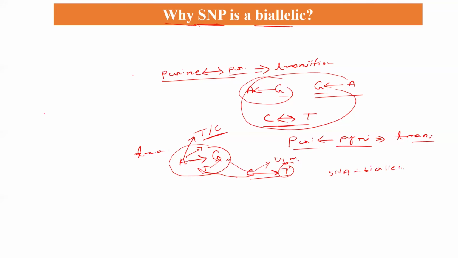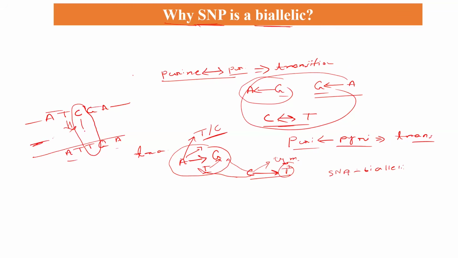Biallelic in nature means, for example, a sequence A, T, C, G, A is present in one DNA, and it is converted into A, T, T, G, A. Here the SNP is there and the others are the same.